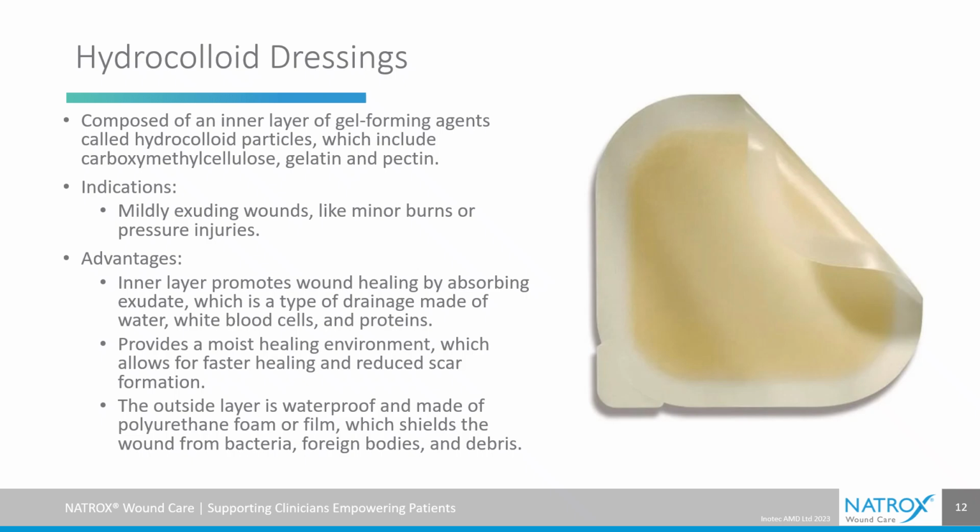Advantages are the inner layer promotes wound healing by absorbing exudate, which is the type of drainage composed of water, white blood cells, and proteins. They do provide a moist healing wound environment, which allows for faster healing and scar reduction. And the outside layer is waterproof, typically made of polyurethane foam or film, which shields the wound from bacteria, foreign bodies, and debris.